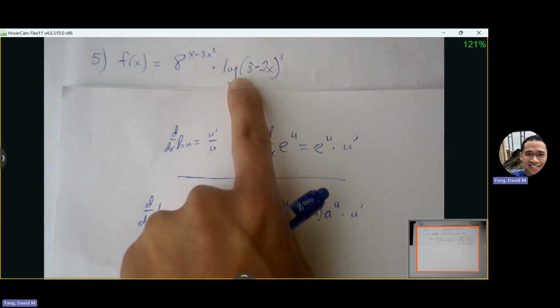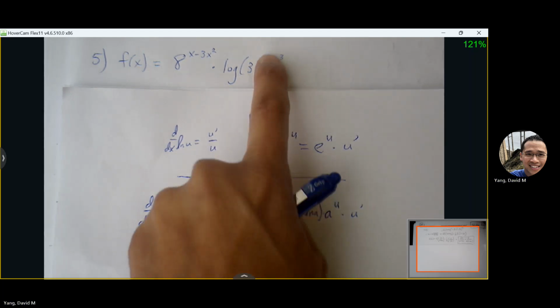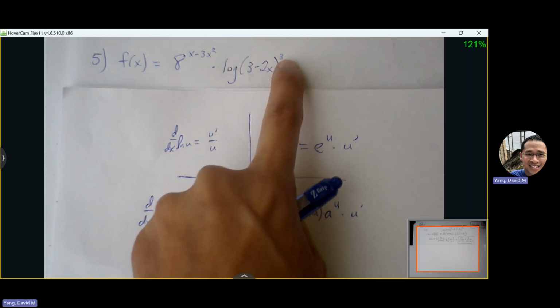And again, there's a hidden base here. What's the hidden base if you just see log? That. And before we jump into this derivative, we may want to expand a little bit.